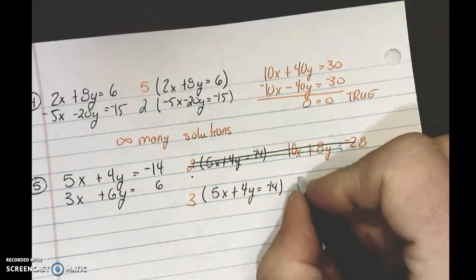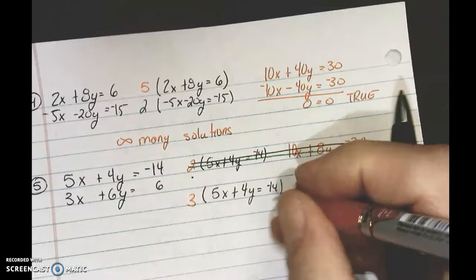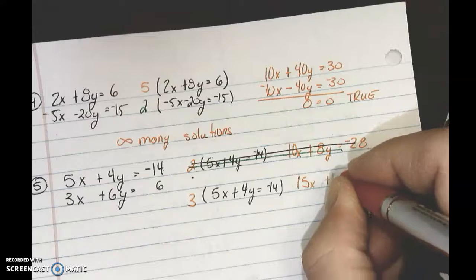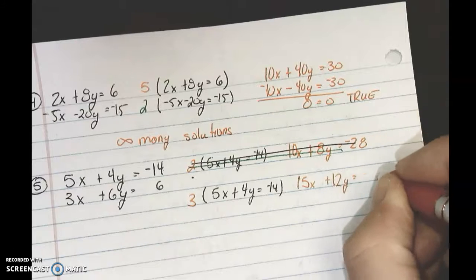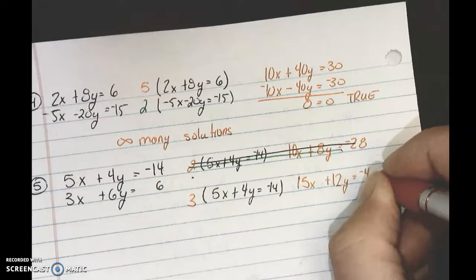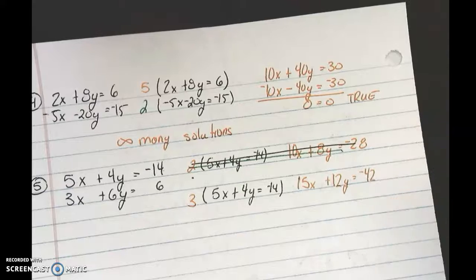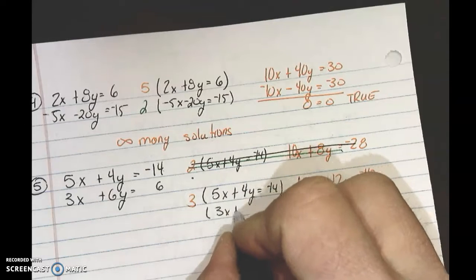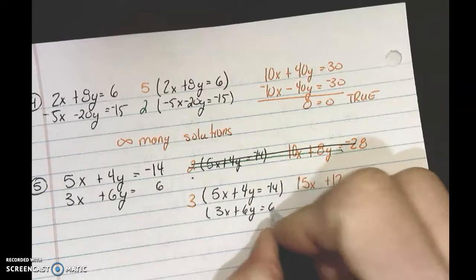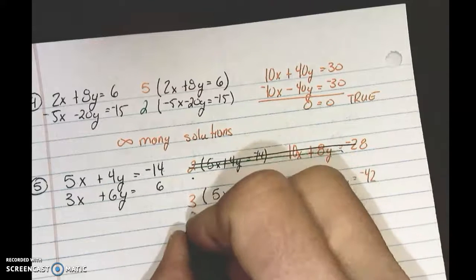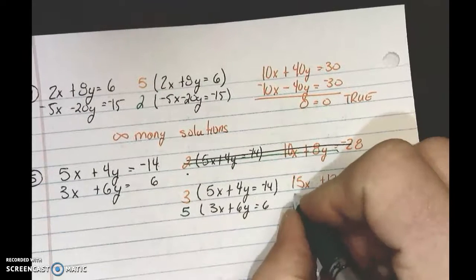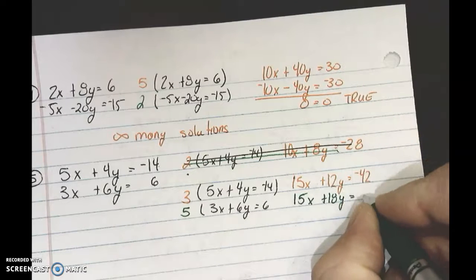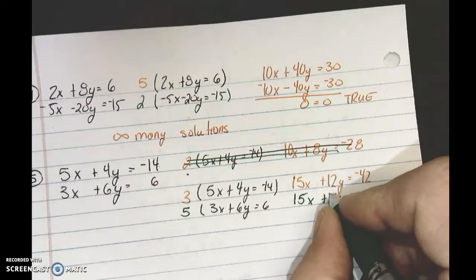So that gives me 15x plus 12y is equal to negative 42. And then I'm going to take that second equation and multiply it by 5. So 15x plus 30y is equal to 30.